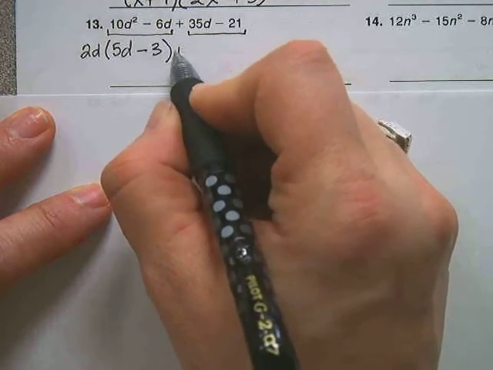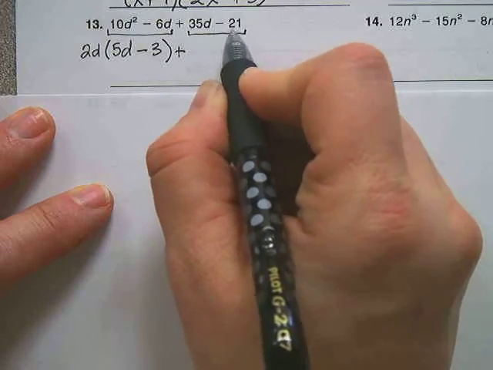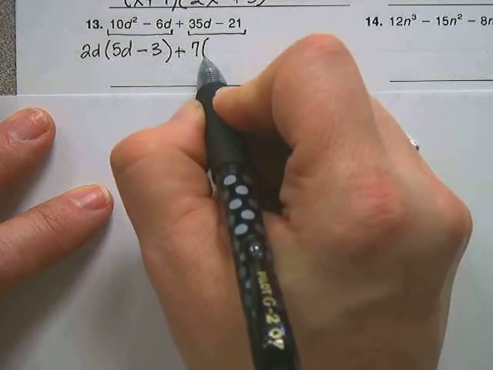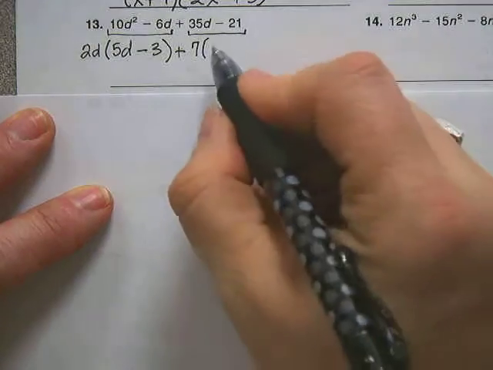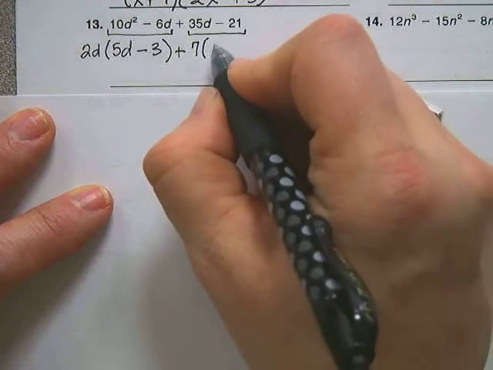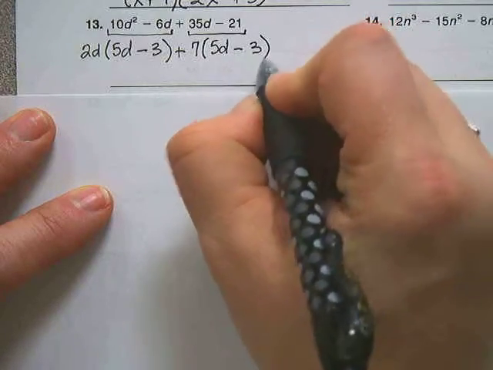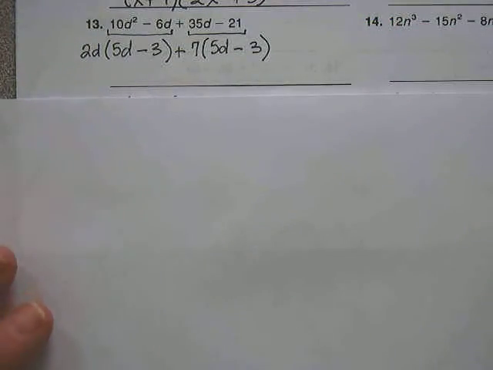We'd bring down the plus sign. And 35d and negative 21 have a common factor of 7. So when we divide 35d by 7, we are left with 5d minus 3.